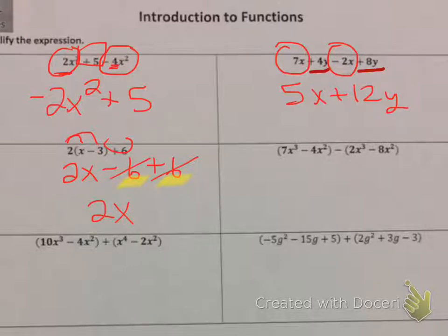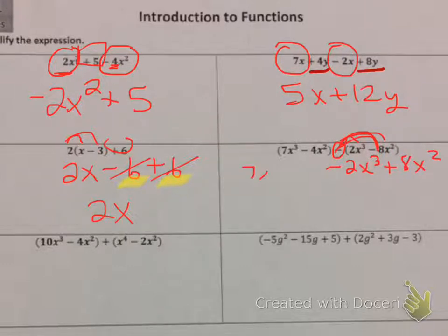Okay, same thing, next problem. The only thing we're going to do a little bit different is if you notice this minus sign right here is outside of a set of parentheses. So really we have to subtract everything behind that. So we're going to have to subtract that 2x cubed. And we're going to have to subtract a negative, which means we're going to add, because minus a negative is positive, 8x squared.